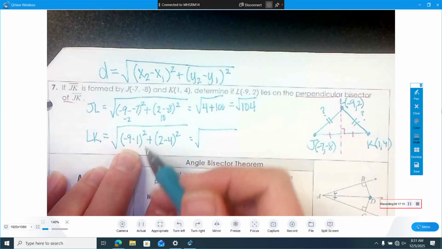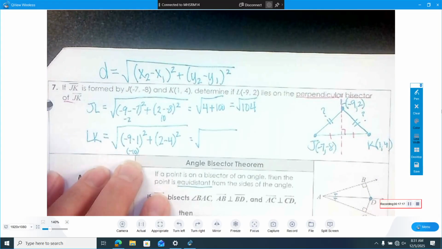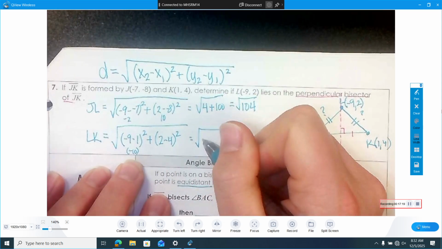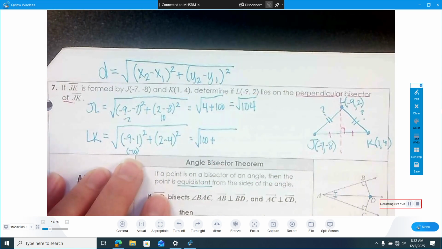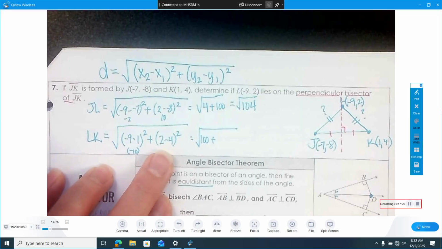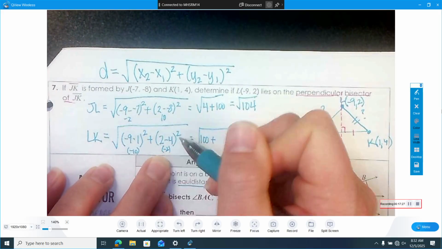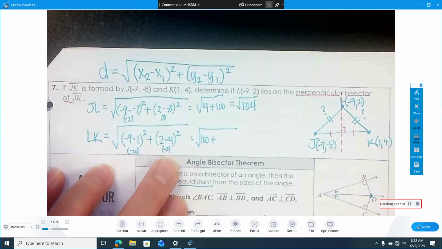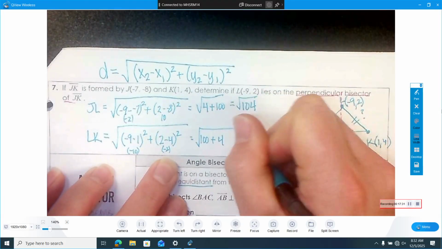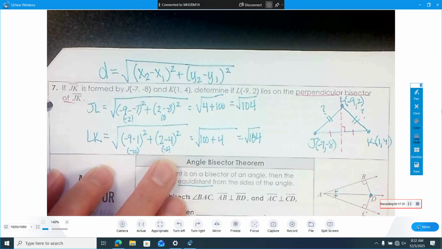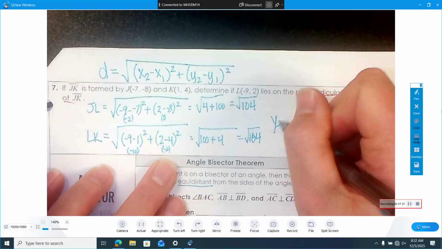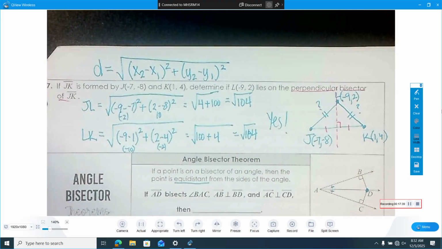Negative 9 minus 1 is negative 10, which squared is 100. It's always going to be positive. We're squaring the whole thing. And then 2 minus 4 is negative 2, squared is 4. And so again, we get the square root of 104. So yes, it is on the perpendicular bisector. Okay.